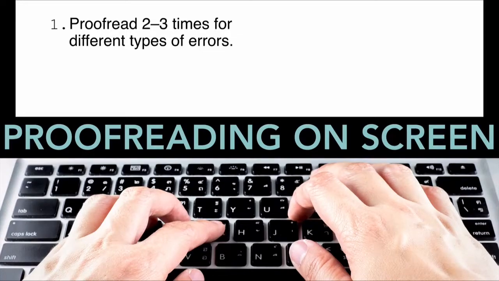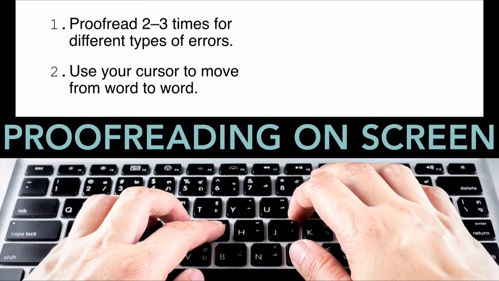So one time might be for mechanical errors, one time might be for content errors, punctuation. Not trying to proofread all in one chunk is especially important if you are proofreading from the screen. And then when you are proofing for mechanical errors, you can use your cursor and move that cursor from word to word.